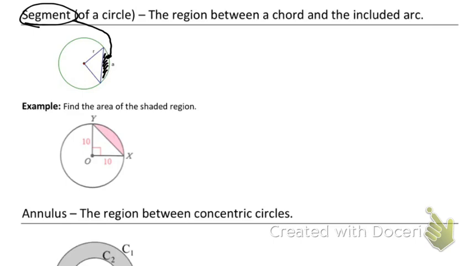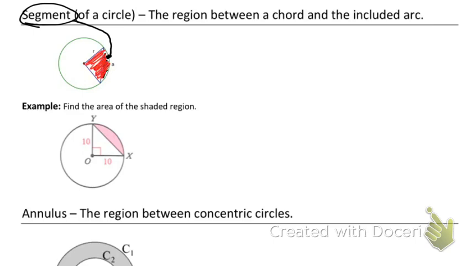Someone give me an idea of what you think you should do to calculate this based upon what we learned and what we know. How could I do it? I don't need formulas. I just need to know kind of holistically what we would do. Isabella. Find the area of the whole shape and then subtract the triangle. Yeah, the whole shape or the sector. So we're going to find the area of this whole thing.